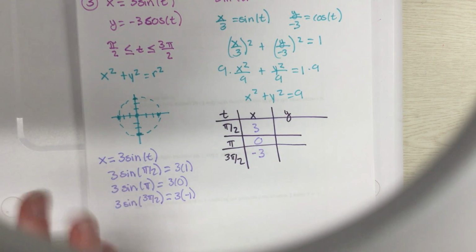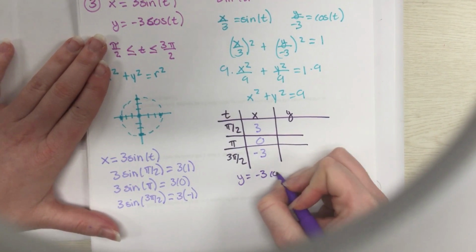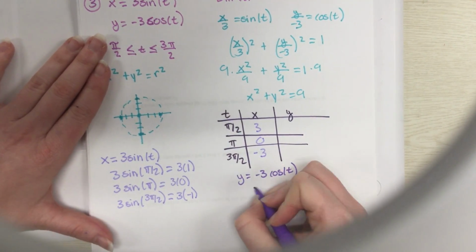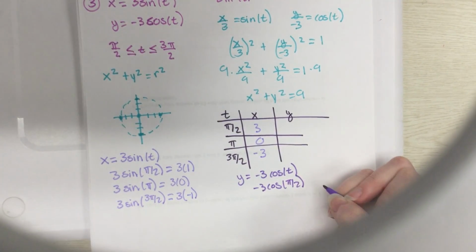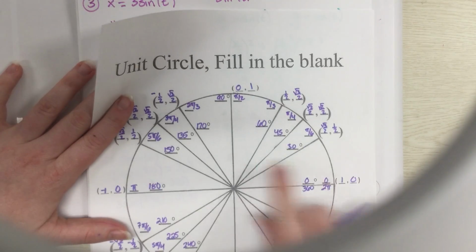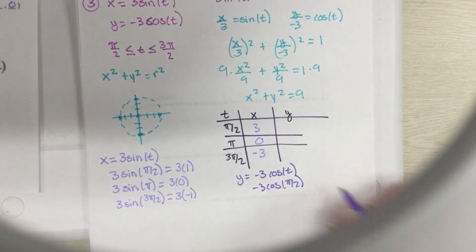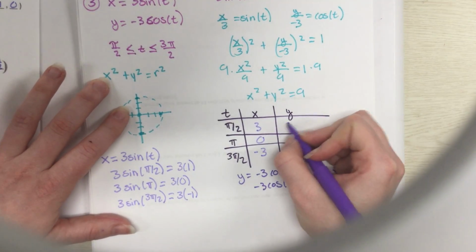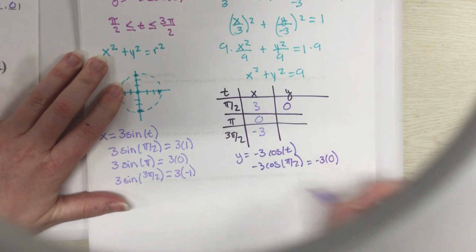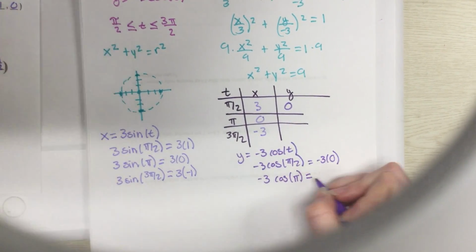Let's go ahead and do our y values next. So y is negative 3 cosine of t. So we got negative 3 times the cosine at pi over 2. So if I'm looking, my cosine at pi over 2 is 0. So I have negative 3 times 0, which we know is just 0. And then negative 3 cosine at pi.